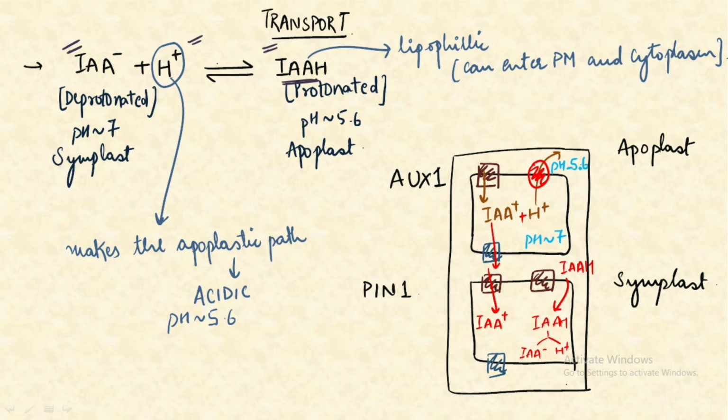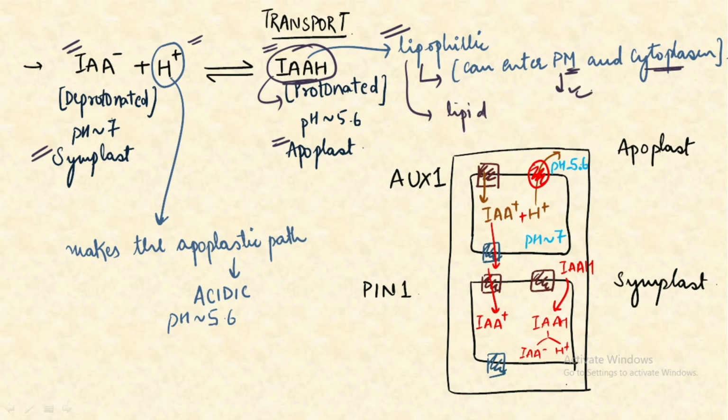This is a bidirectional step, that is the deprotonated form and the protonated form get converted reversibly into each other by the change in the pH, and also depending upon which transport method it is using, whether symplast or apoplast. Next, IAAH, the protonated form of auxin, is lipophilic in nature, that is it could enter the plasma membrane and the cytoplasm, because lipophilic means lipid loving, and we know that the plasma membrane is made of lipid, so it can easily enter the plasma membrane and from there get transported to the cytoplasm.